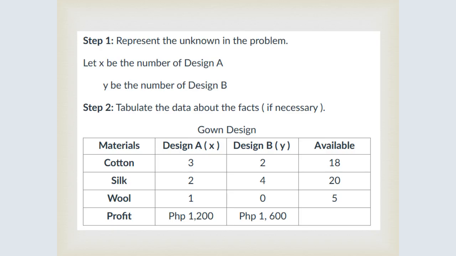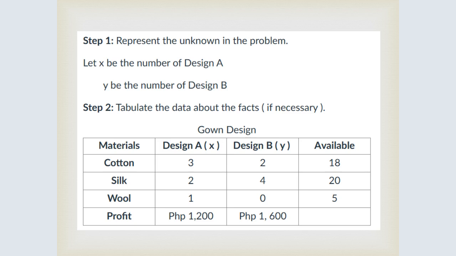So after we represent the unknown, we have to tabulate the data about the facts if necessary. So the materials, we have the cotton, the silk, the wool, and of course the profit. Then we have the design A, which is our X, design B is our Y, and the available resources.